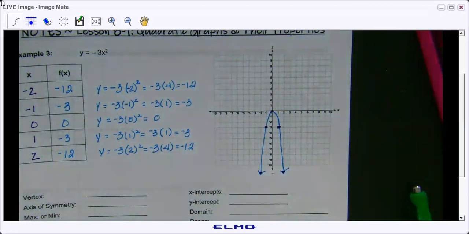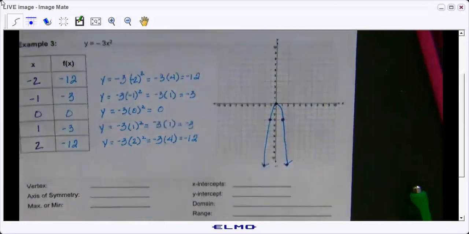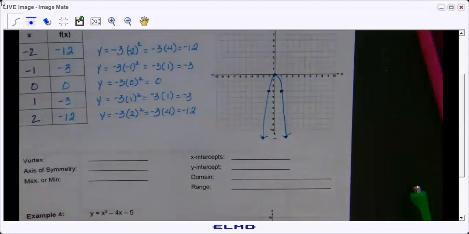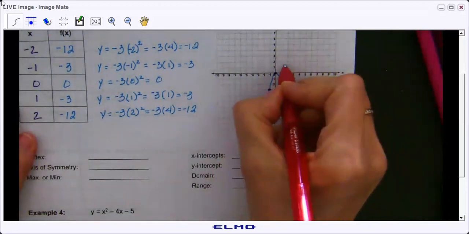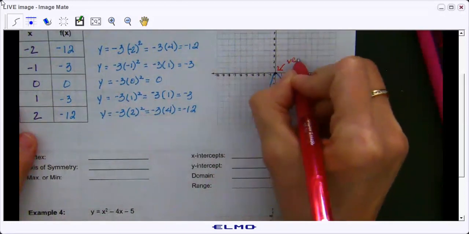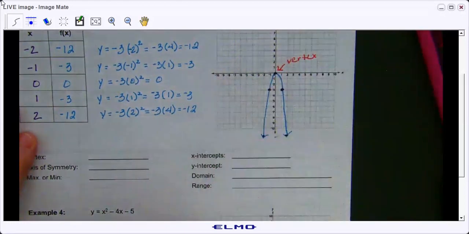Now, based on this, you should be able to identify all of the key characteristics right here on the bottom. Okay, so let's go ahead and look at this. Our vertex. What is our vertex? Yep, it's at the origin right here. This is our vertex. It is 0, 0.